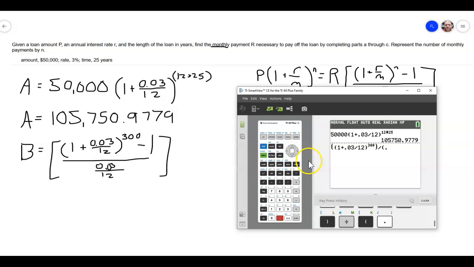I messed that up there, that should be 0.03. And let's double check. Oh, and I forgot that minus 1 in there, didn't I?